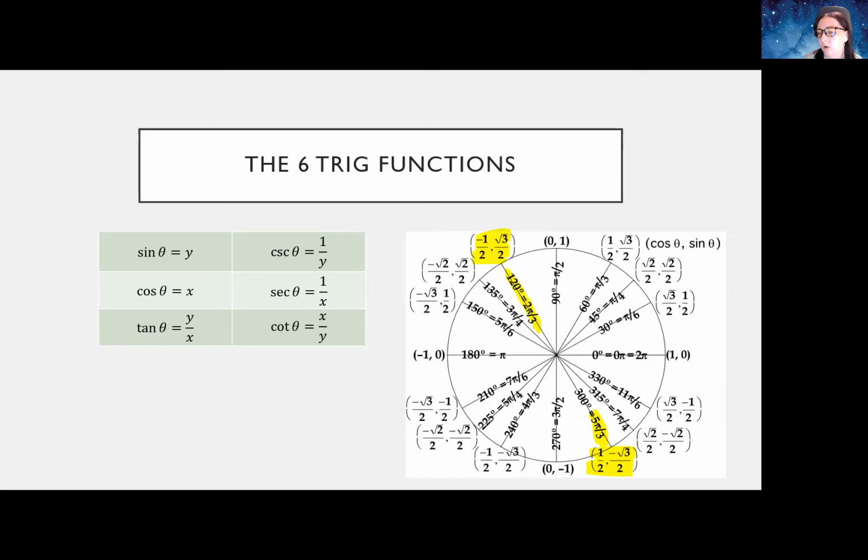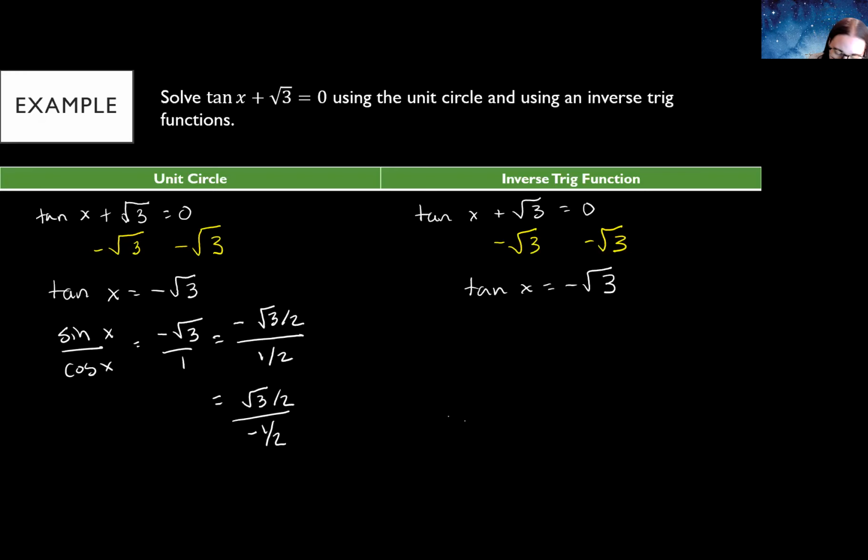So we have two possible answers for our angle. I'm running out of room here, so I'll rewrite this. Our angle x is either going to be 5 pi over 3 or 2 pi over 3, or it could be both.